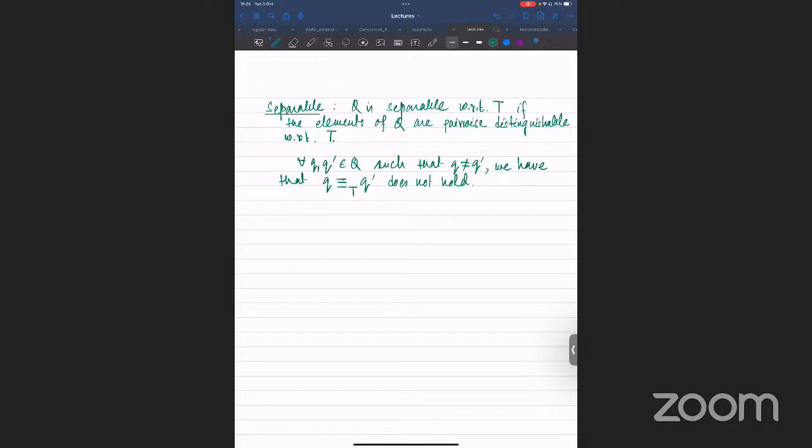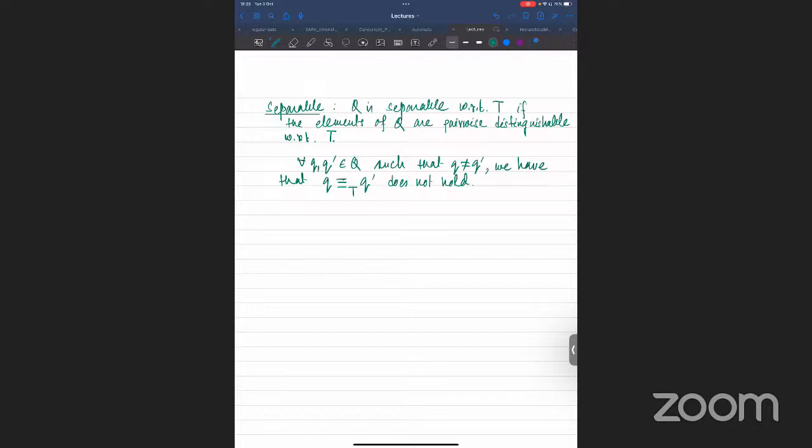Q is a string. For now you can think of Q as a string, Q prime as another string.